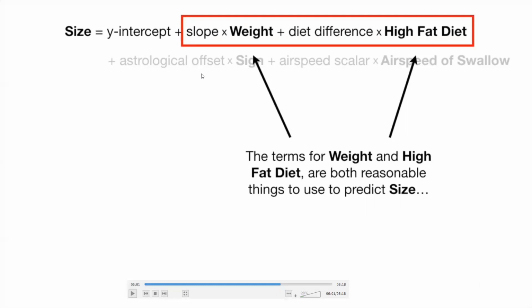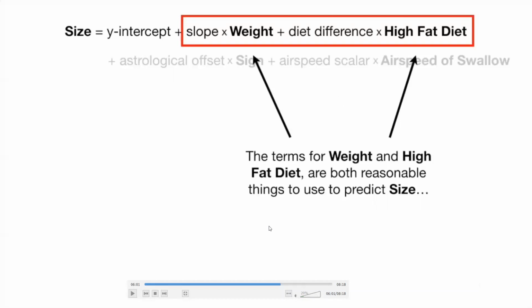with some factor, and the size of a swallow is also dependent upon weight with some factor, which is like the slope, and upon the high fat diet that the swallow has with respect to some factor, and it also depends upon the airspeed of the swallow, which again doesn't make much sense.